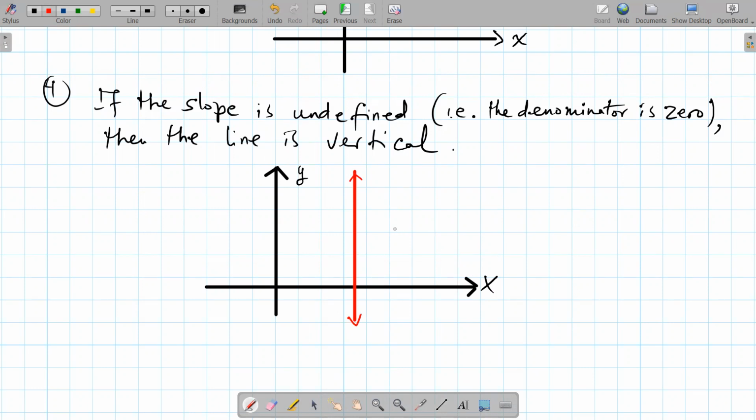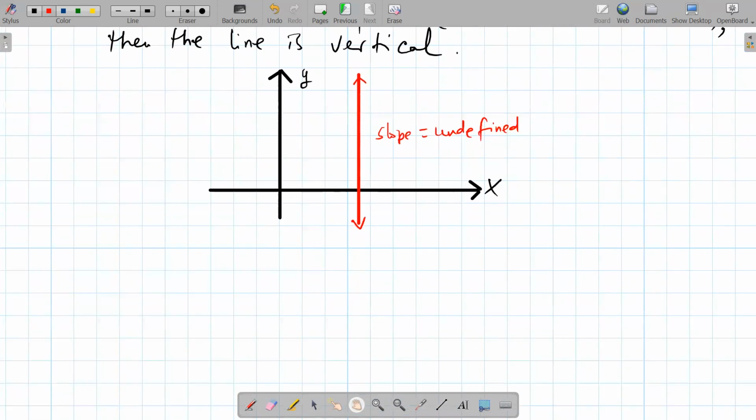Okay, so there's a vertical line, and the slope here we call undefined. When you use the slope formula, and you realize that your denominator value is 0, that should tell you that you have a vertical line because your answer is undefined. Let's look at some examples.